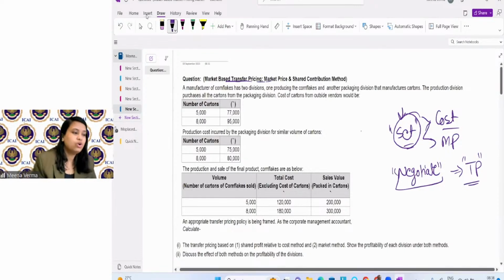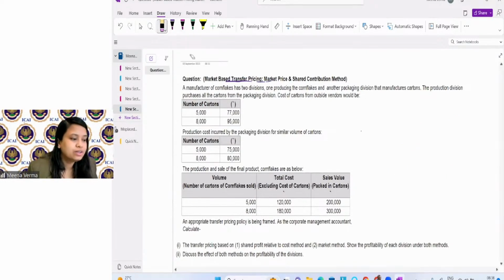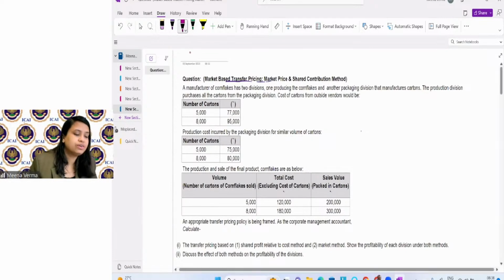All right. Now let's read the scenario here. So what is happening here? A manufacturer of cornflakes has two divisions.